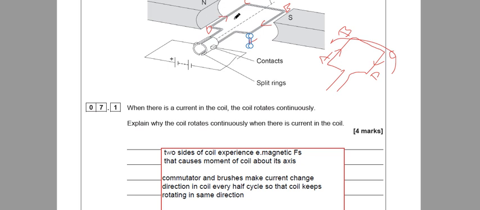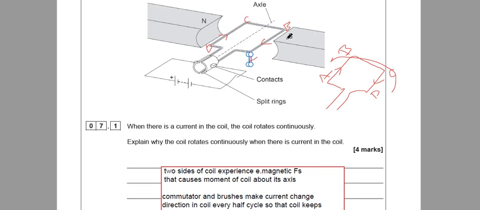So if we look here, for example, here is the direction of the field, and here is the direction of the current. So the force here is down and the force here is up, so rotation is in the anti-clockwise direction.